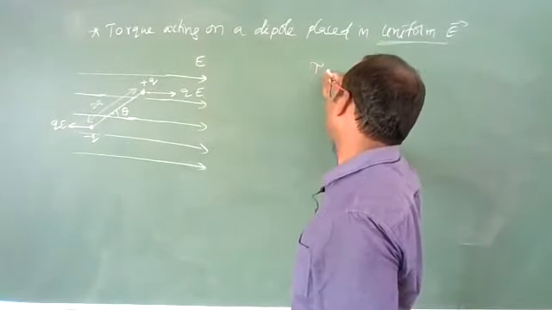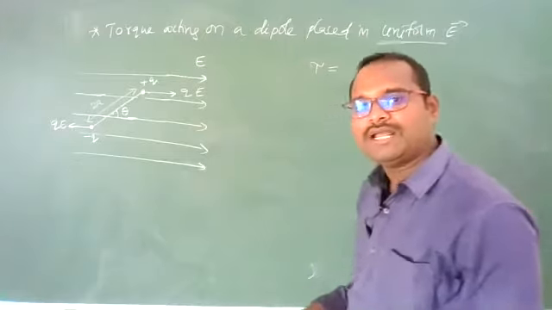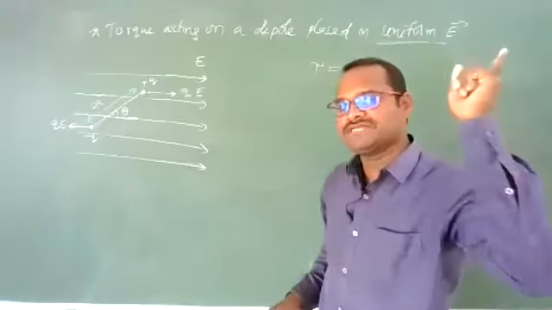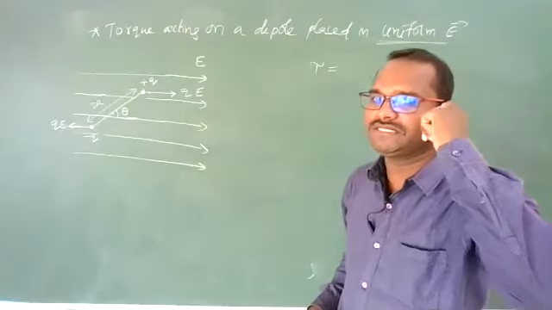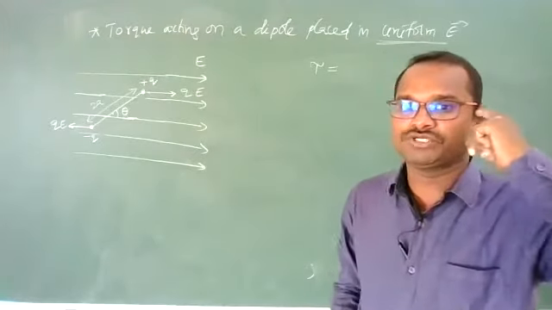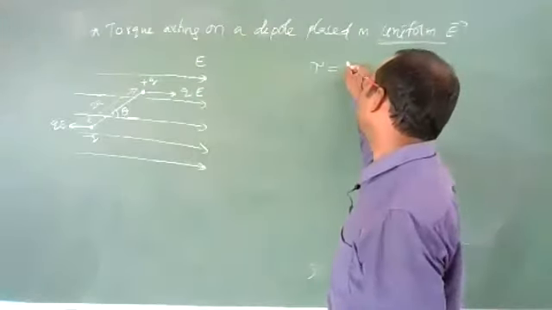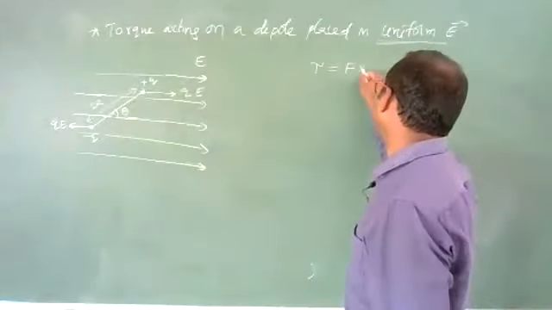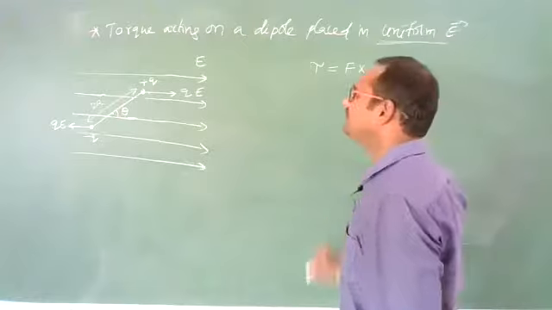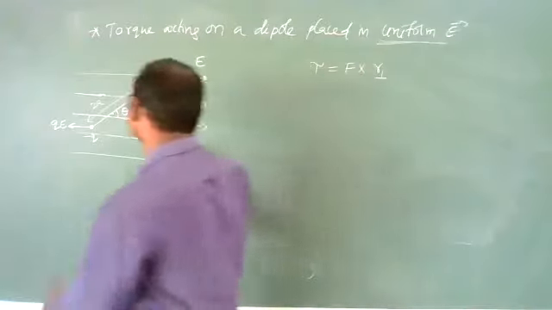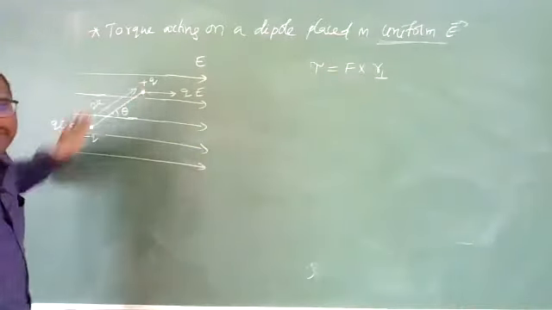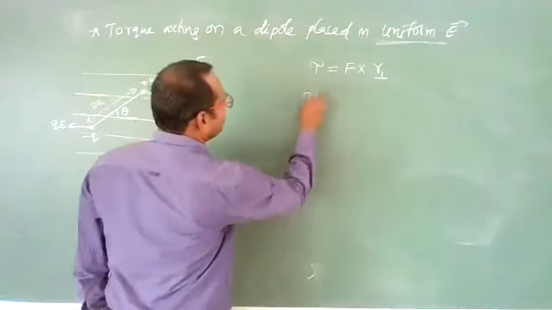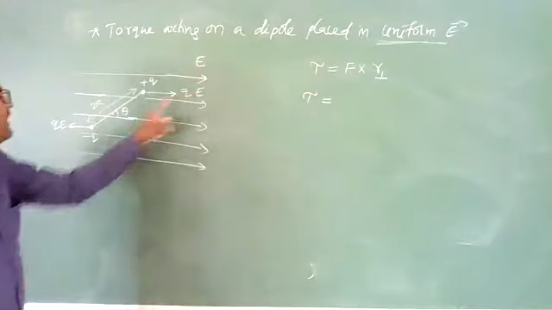As we know, the torque tau acting on the dipole, as we discussed in your first year classes on system of particles and rotatory motion, the torque formula is any one of the forces into the perpendicular distance between the two forces. Between these two forces, what will be the perpendicular distance, we need to find. Torque acting on a dipole is equal to any one of the forces.